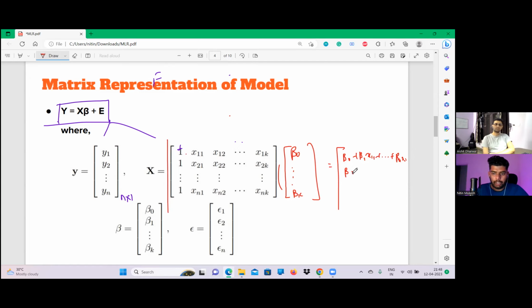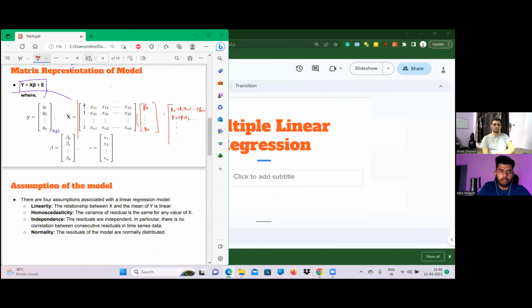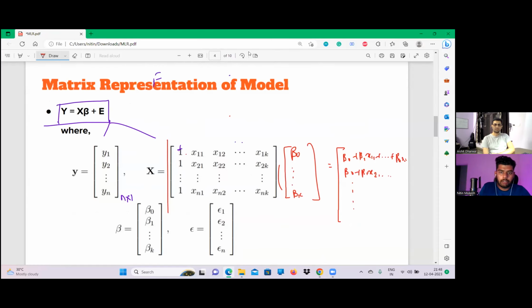Here it will be beta naught plus beta 1 x21, and similarly the last entry will be beta naught plus beta 1 xn1 plus similarly the rest.